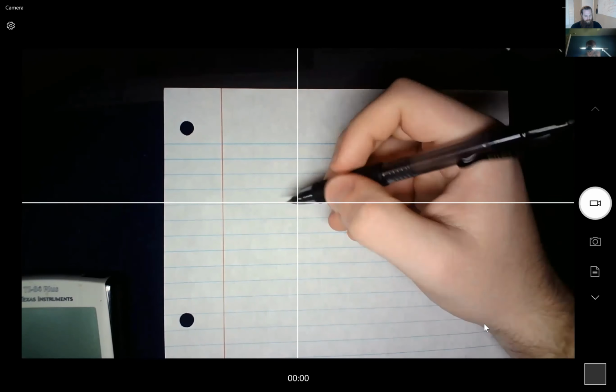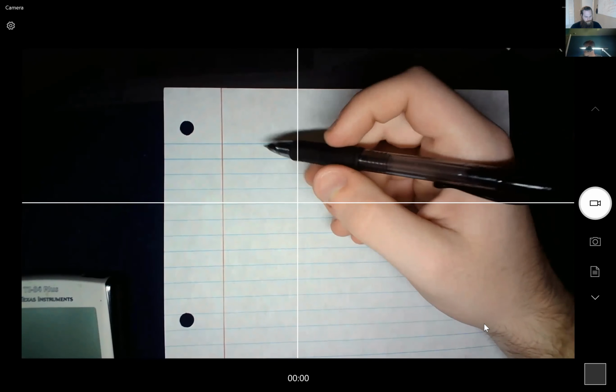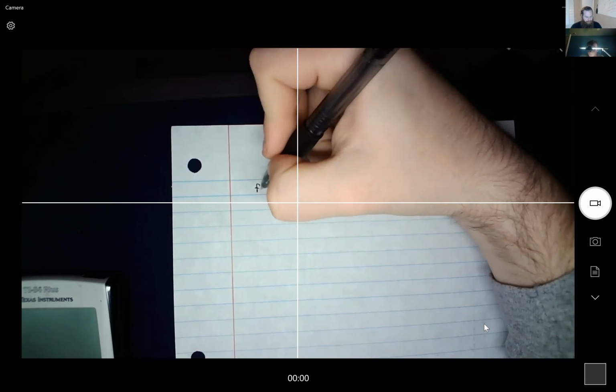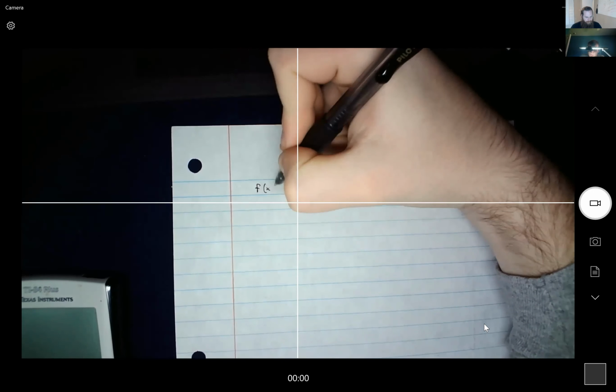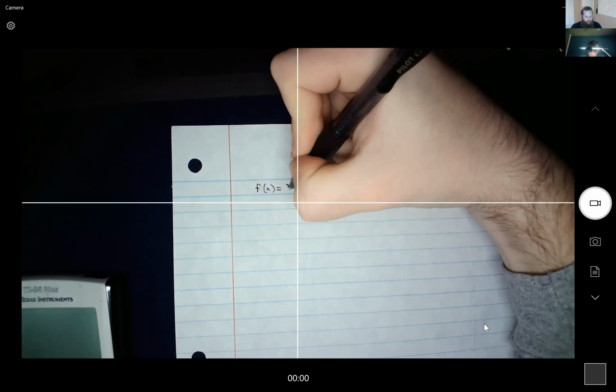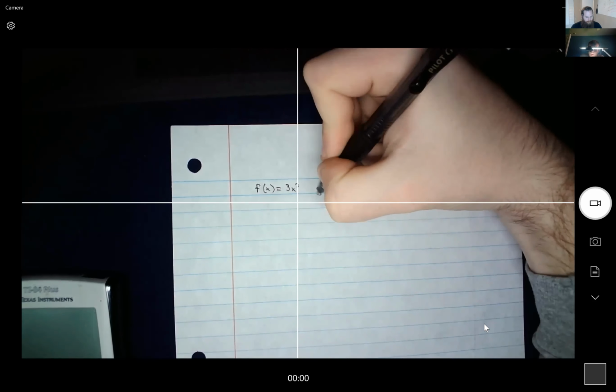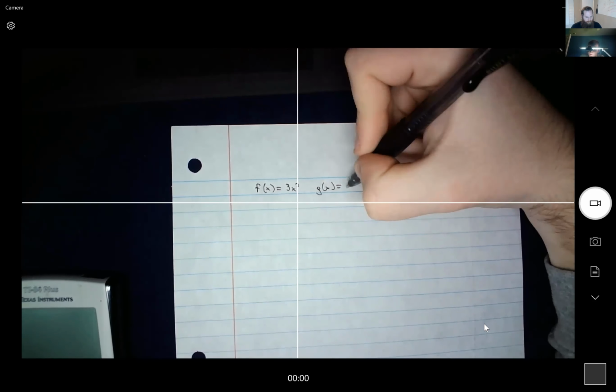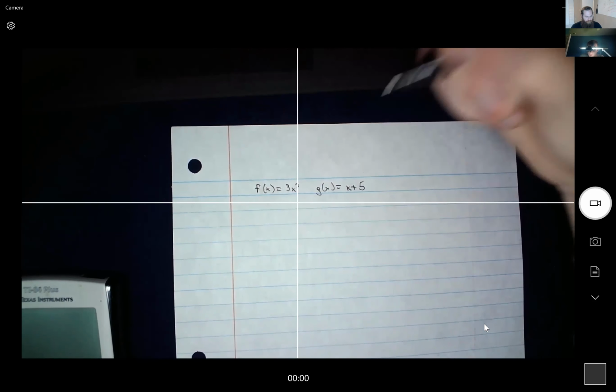All right. So our first example is going to be something simple. I'm going to do this both in Leibniz and prime notation. So I'm going to do examples in both Leibniz and prime notation. So let's say f of x equals 3x squared and g of x equals x plus 5 from our product rule problem.